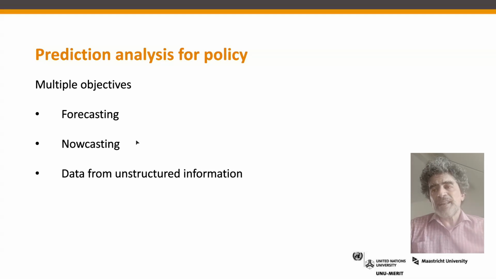Okay? And finally, we'll use prediction analysis also for extracting data from unstructured information. So for example, as we saw, satellite data, but also, for example, text. So we take a text that appears online, and we'll use the prediction analysis to understand if this text implies something.